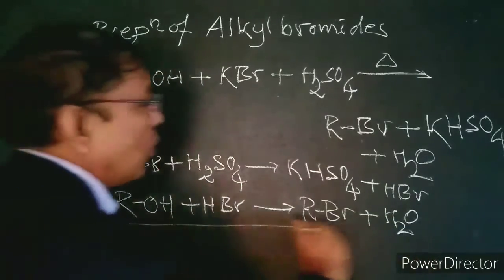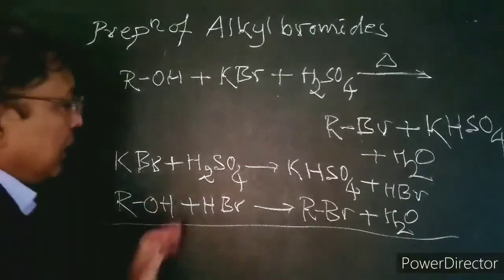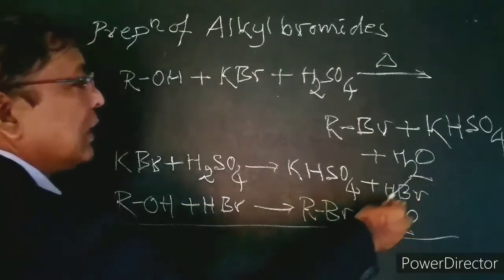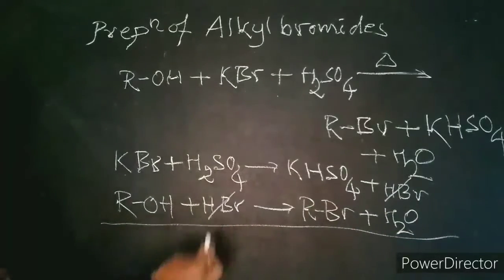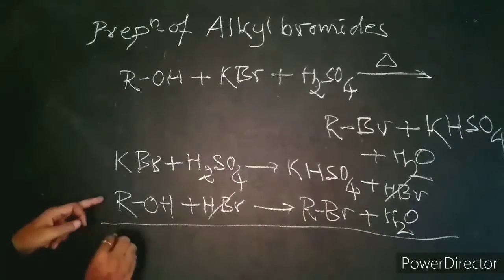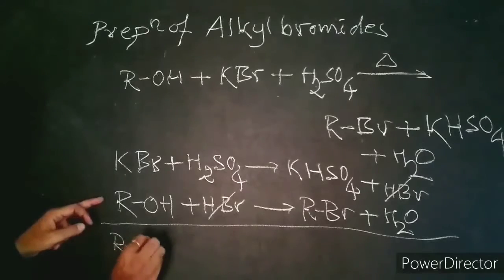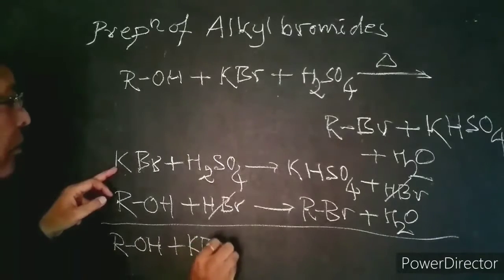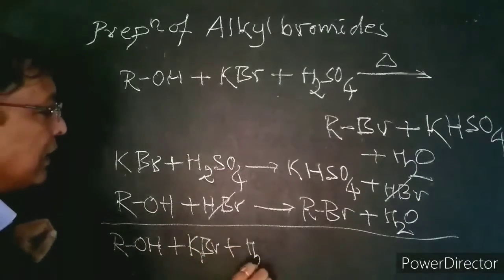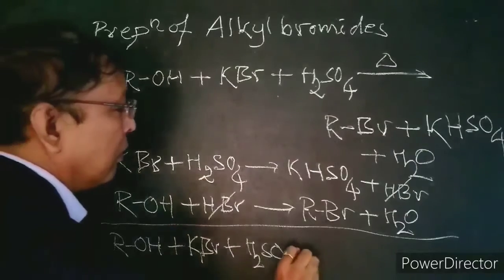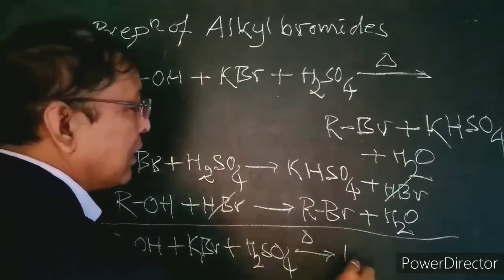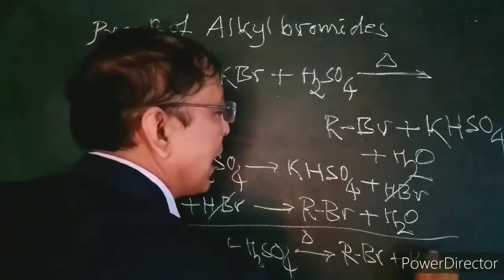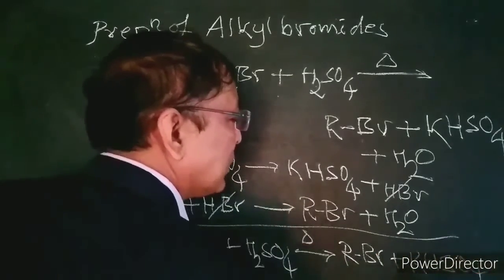If we write the overall reaction, this HBr, if we take it to the right side, will become negative. That means this hydrogen bromide and this will get cancelled. So what is the overall reaction? The net reaction is alcohol plus potassium bromide plus sulfuric acid. Heat it, we get alkyl bromide plus potassium hydrogen sulfate plus water.